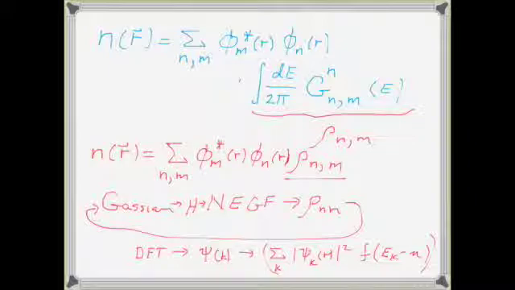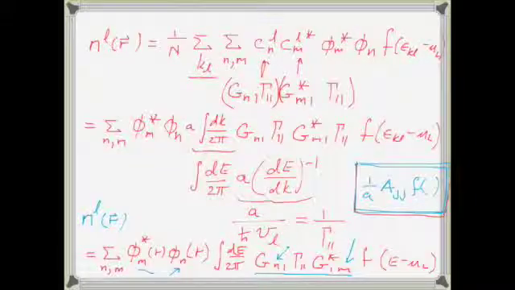Now, in something like Fireball, as I said, they purposely chose not to have a real space grid because it takes time, and they wanted something very fast. And so they had to come up with some approximation like this, over here, that's valid in a non-orthogonal basis.